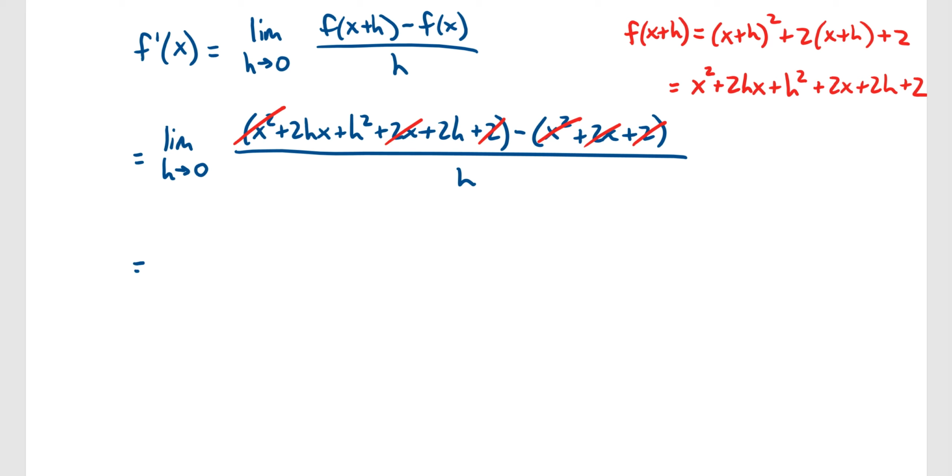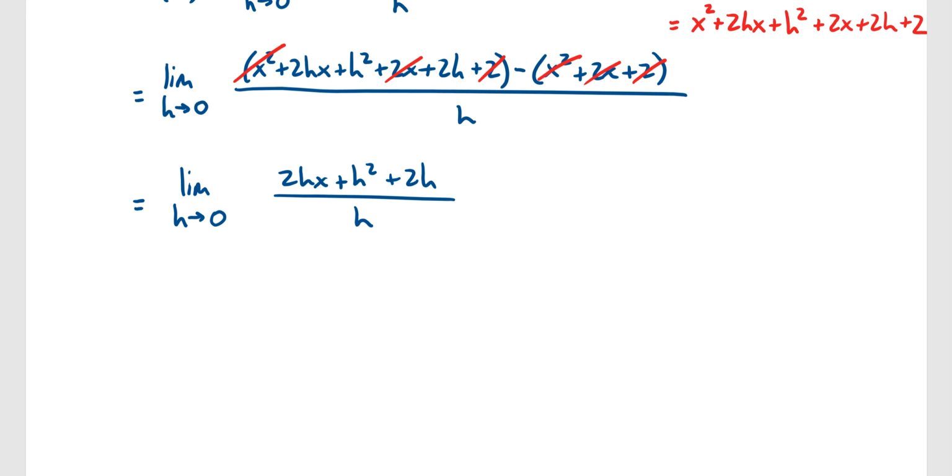Let's rewrite it. We have the limit as h approaches 0 of 2hx plus h squared plus 2h all over h. And then always remember that you're trying to plug in 0 into h, so that means that denominator has to go. And we'll notice that everything in the numerator has an h in it.